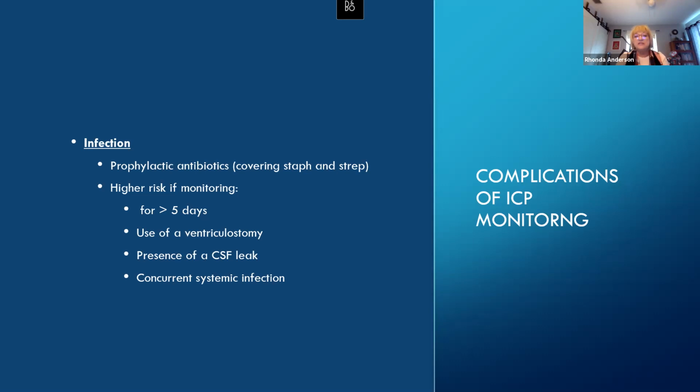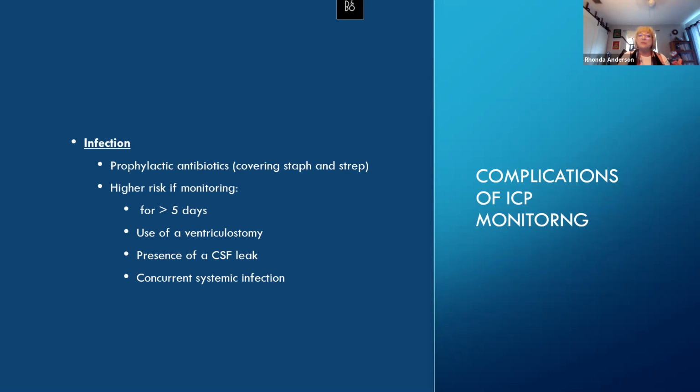If there's a CSF leak, or if there's a concurrent systemic infection, that could get into the cerebral circulation and get out into the CSF. So infection's the one we worry about the most.